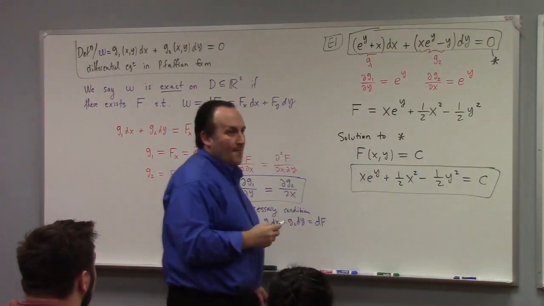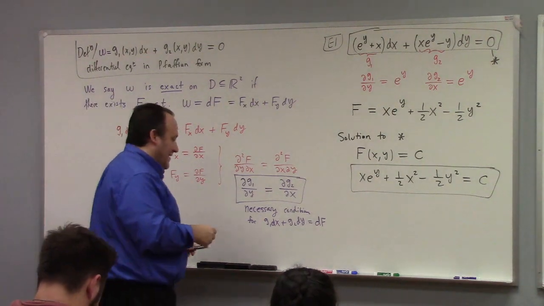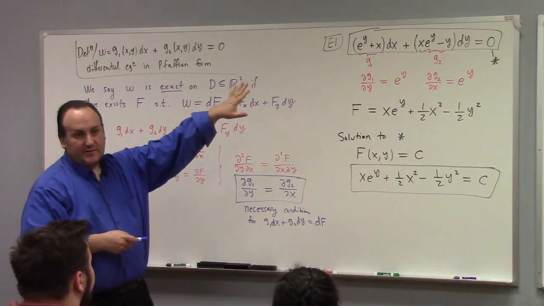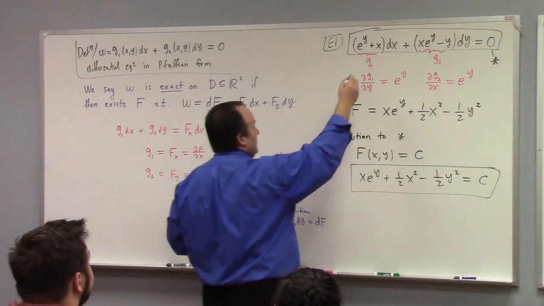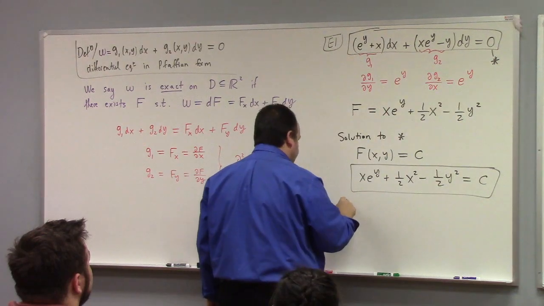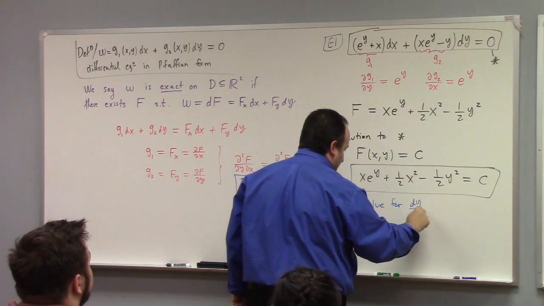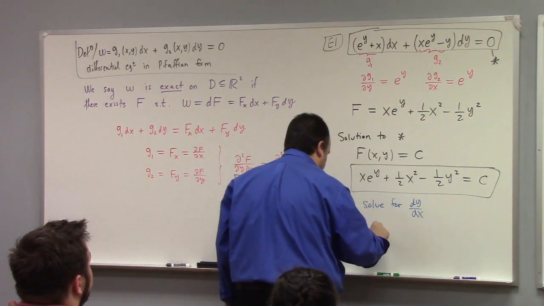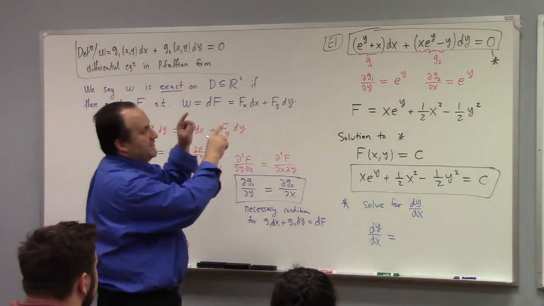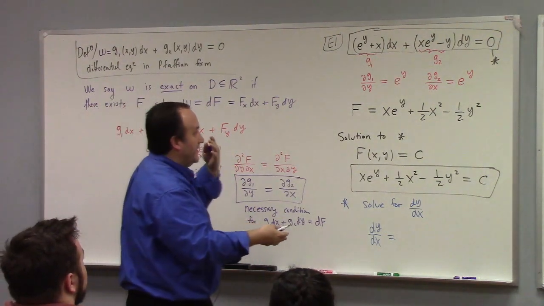All right? What would this problem have looked like in your Calculus 2? In the Calculus 2 world, where you study differential equations, how would this problem have come to you? It would have looked like you solve for dy dx. So take star, solve for dy dx. What do you get? So I subtract the dx term to the other side, and then I divide by the coefficient of dy, right?